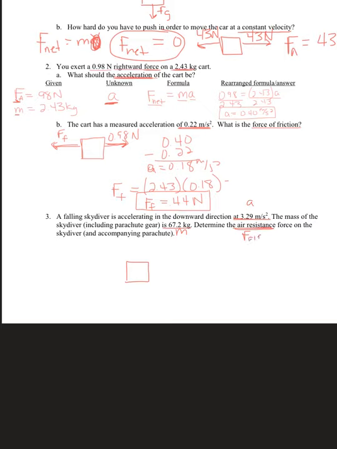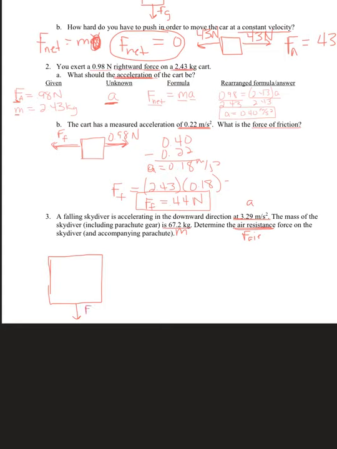It opposes gravitational force, right? So if our object, and I'm going to erase this one and make it a little bit bigger so that we can see what's happening here a little bit better. There we go, nice big box, big skydiver box. He is falling, and this gravitational force is pulling him down.